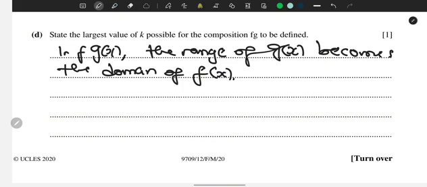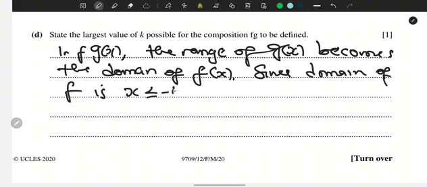Why did the range of g of x become the domain of f of x? It's just that the domain of f is x less than or equals to minus 4.